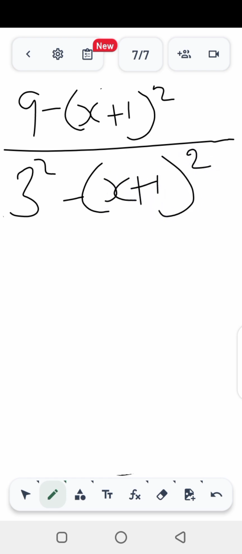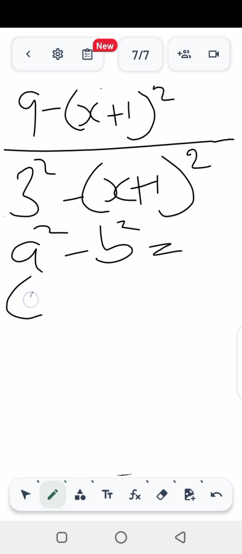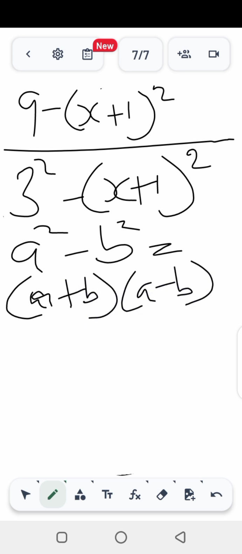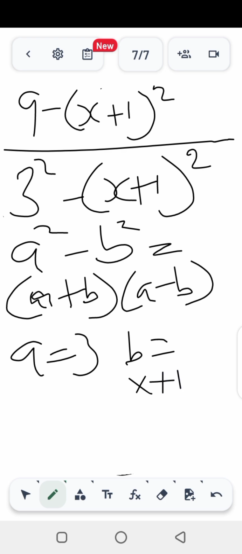So this is in the general form a squared minus b squared, which gives us (a plus b) multiplied by (a minus b). Alright, so we'll use (a plus b) multiplied by (a minus b) to factorize that. When you check this, your a is 3 and your b is x plus 1.